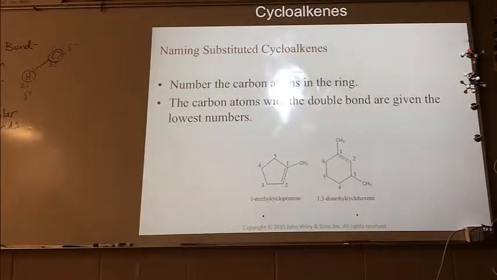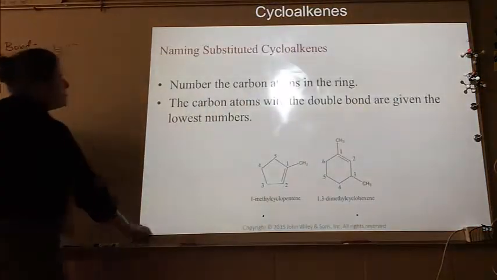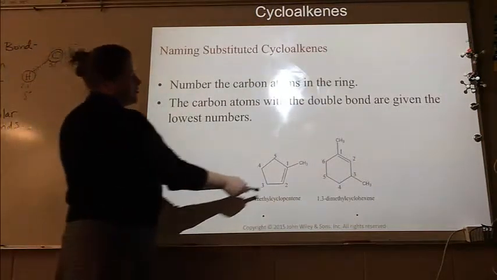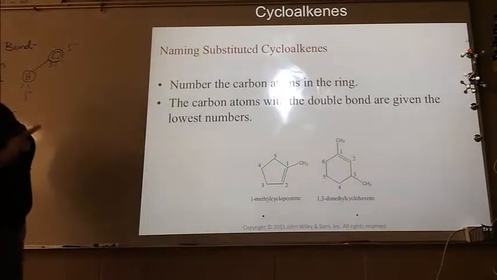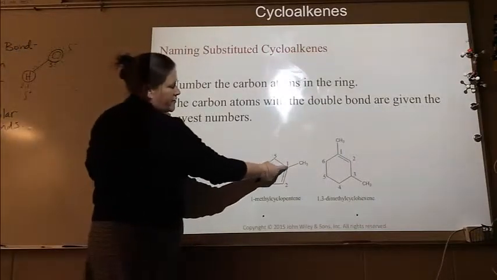When we are naming and we have branches on the cyclo structure, most of the time you're going to see only one double bond there. The numbers 1 and 2 always have to be on either side of this double bond.